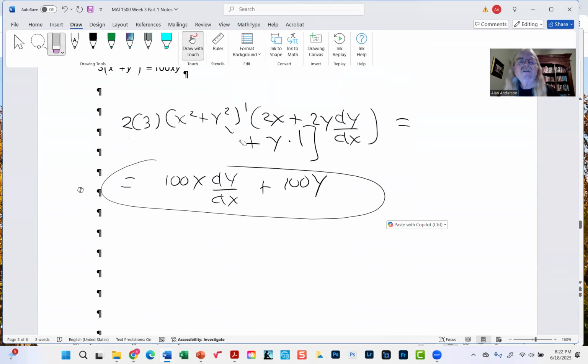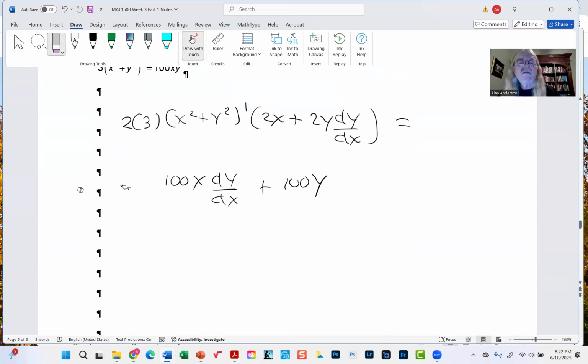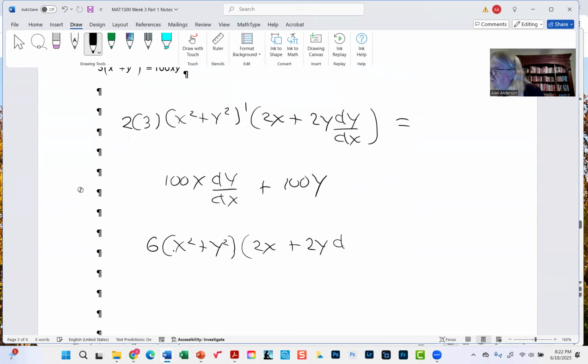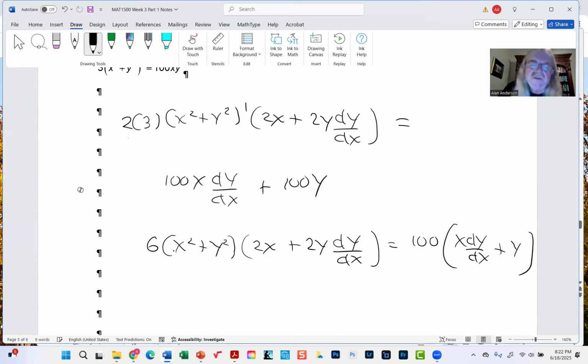So now we're going to try to simplify it as much as possible. All right, so on the left-hand side, wow. All right, so I guess we're going to have to do a lot of multiplying here.